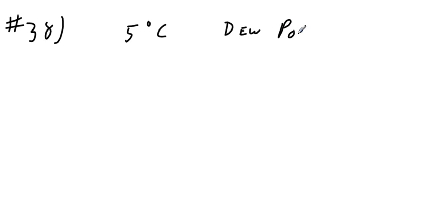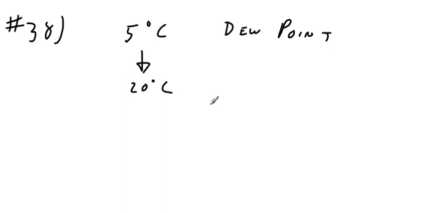Okay, I'm going to do number 38 next. Air that is at a dew point of 5 degrees centigrade is drawn into a building where it is heated to 20 degrees centigrade.